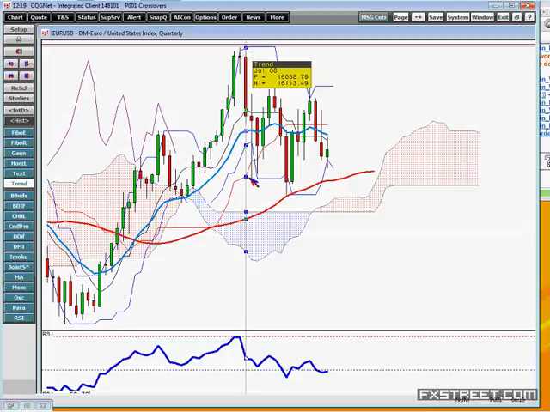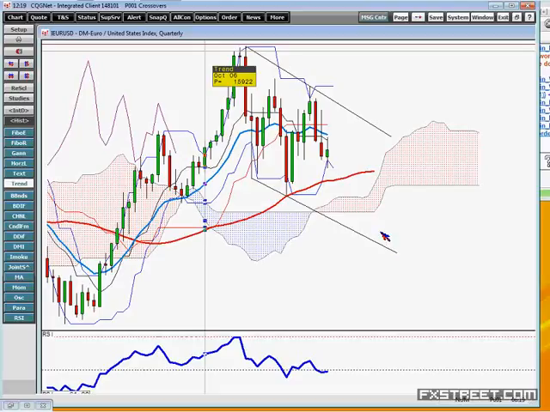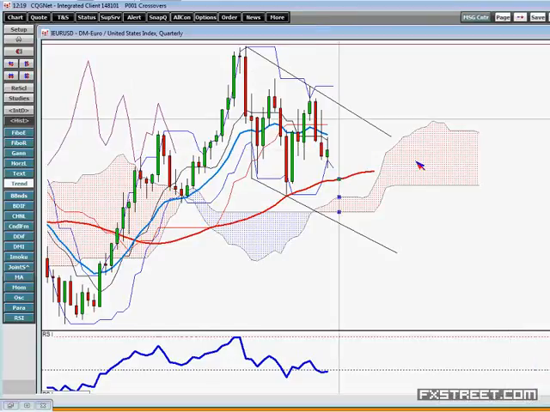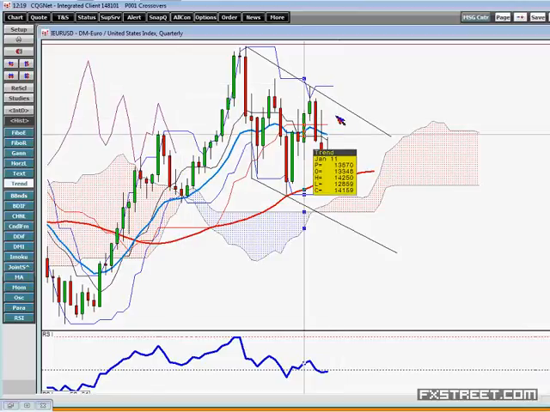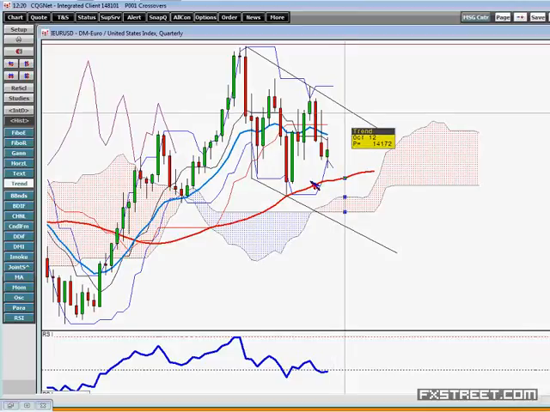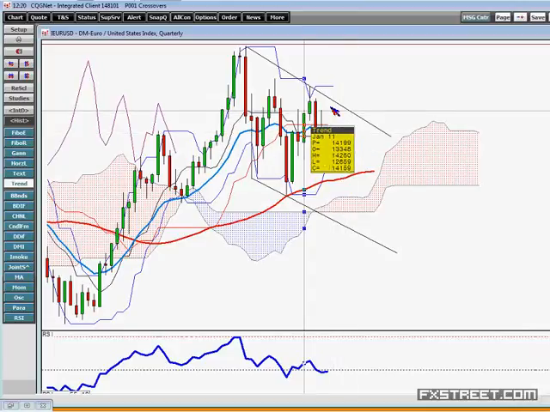Not too bad. Okay, so this is what I think's happened. We've basically got a move up in a quite impulsive manner, and then we've consolidated inside this quarterly channel, if you like. There is no bias really at the moment.